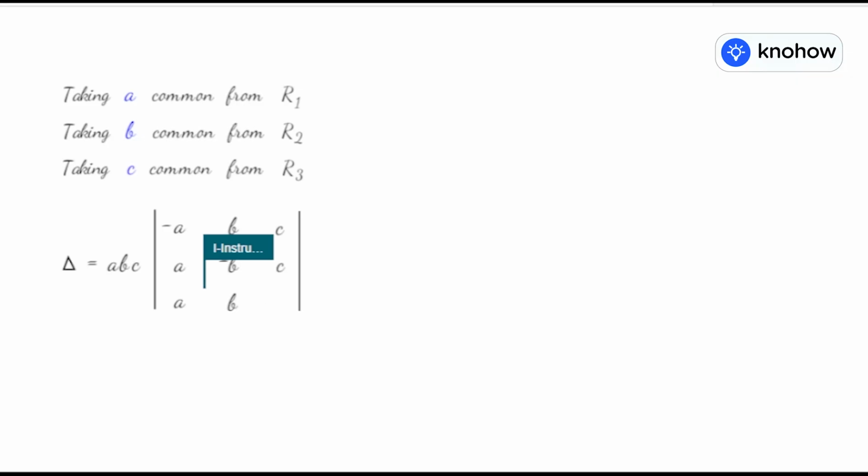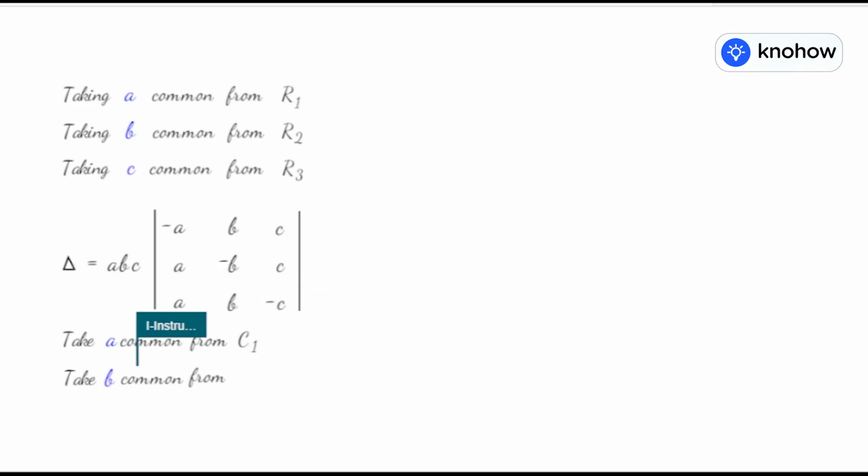Observe very carefully the determinant. Don't you find that now a is common in column 1, b in column 2 and c in column 3? So now you take a common from column 1 and b common from column 2 and c common from column 3.